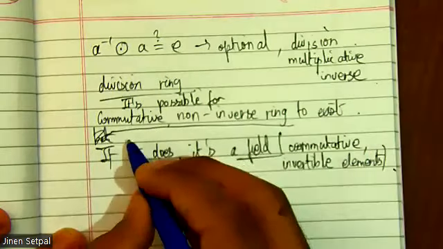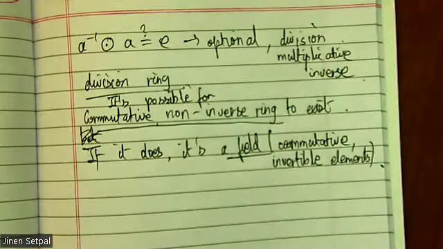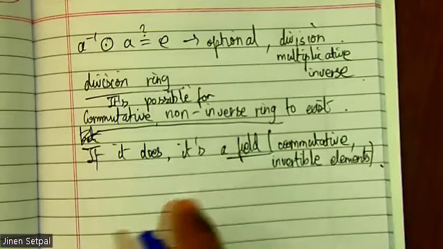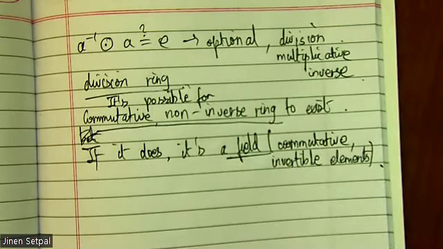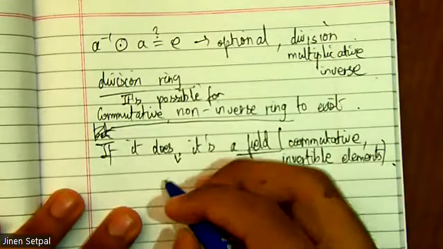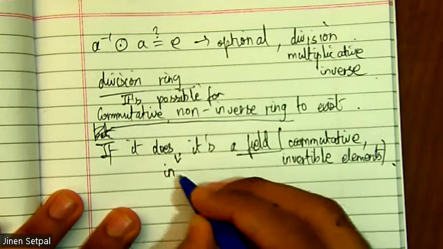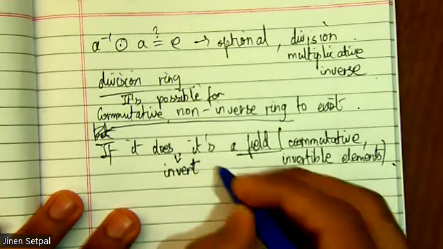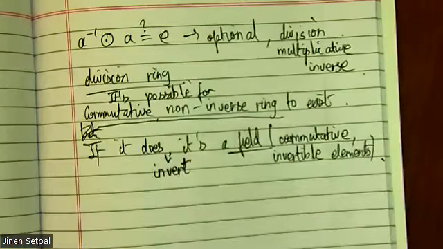So we can have a commutative uninvertible ring, and that's okay. That exists, but if it does invert, I should make that explicit as well, it's a field, which is our next algebraic structure.